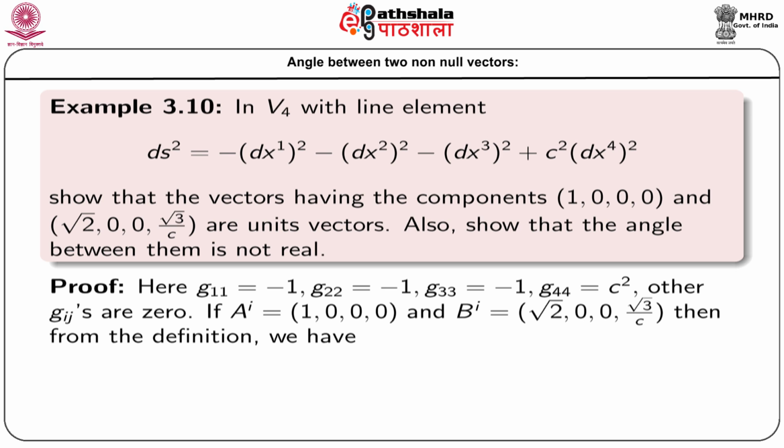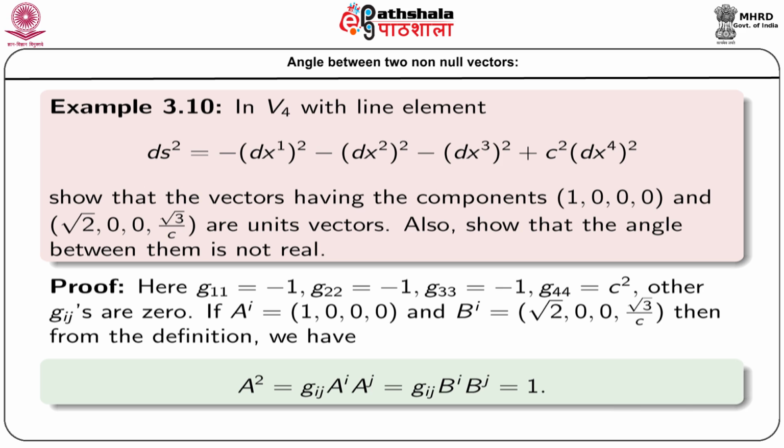Now, from the expression of the line element, we have g11 equals minus 1, g22 equals minus 1, g33 equals minus 1, g44 equals c squared, where c is the velocity of light in the Minkowski space-time, and the components of the vectors A^i is 1, 0, 0, 0 and B^i is root 2, 0, 0, root 3 by c.